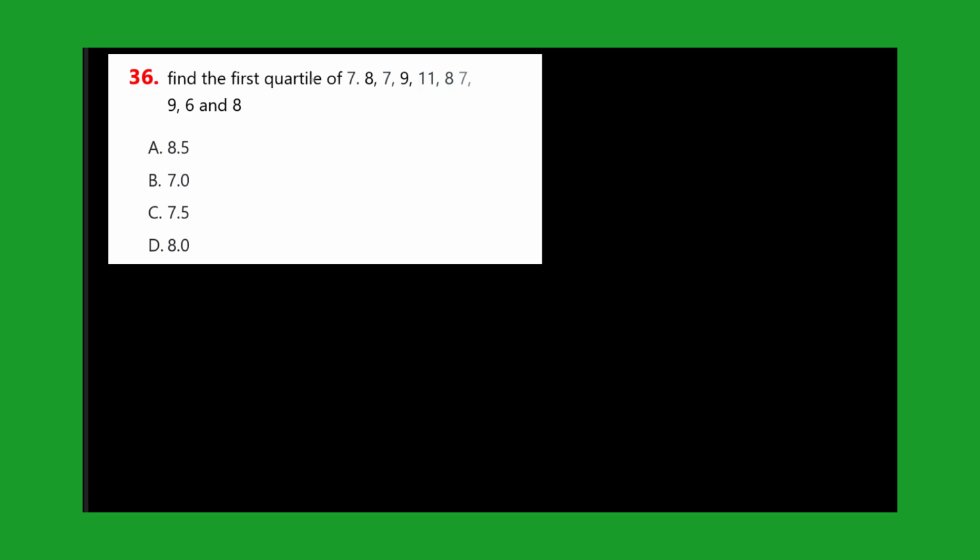In this question, we are going to arrange the numbers in ascending order first of all. The numbers are 7, 8, 7, 9, 11, 8, 7, 9, 6, and 8. So we'll start from the smallest.